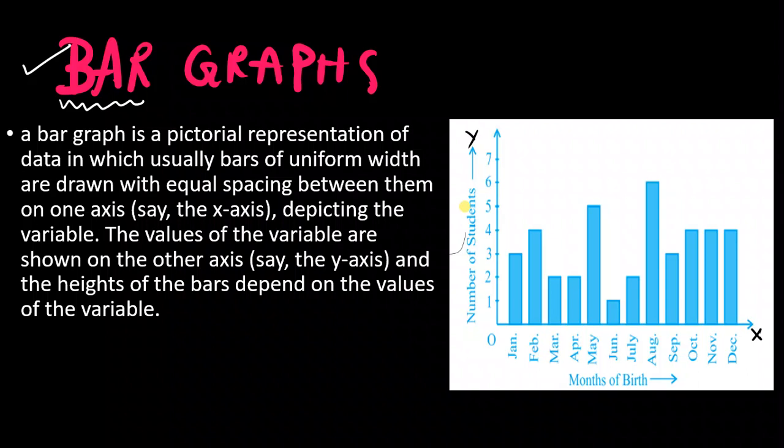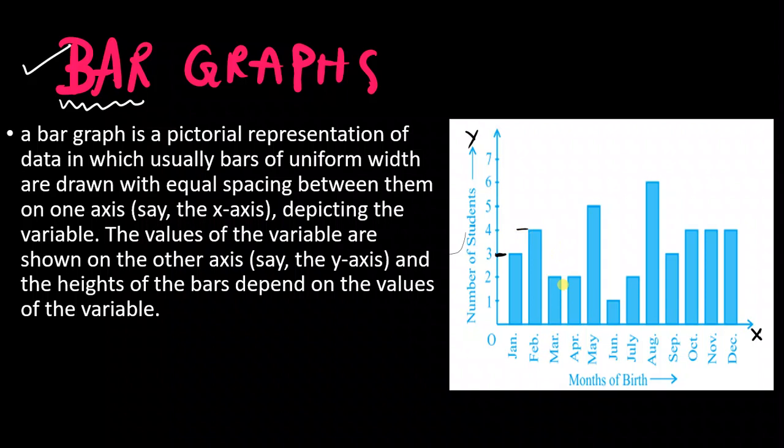The heights of the bars depend upon the values of the variable. So according to the given data, suppose 3 students are born in January, your bar would be of this length in this image. And if 4 students are born in February, your bar will be like this. So according to the given data, the height of the bar will vary.